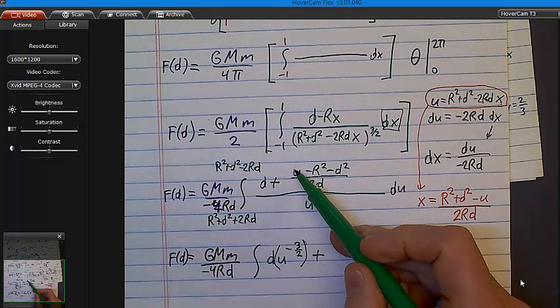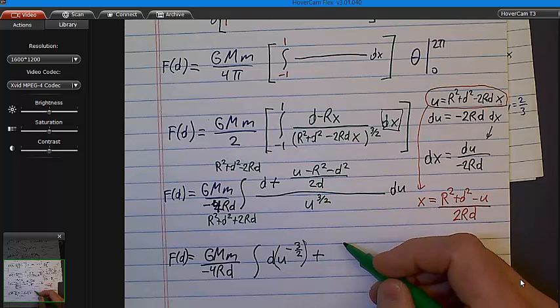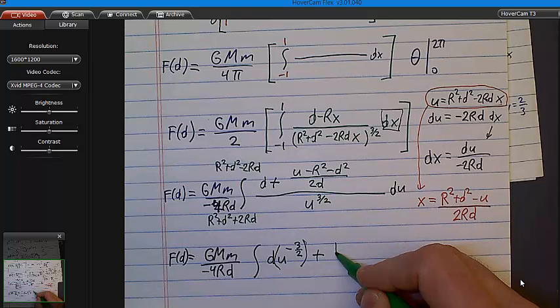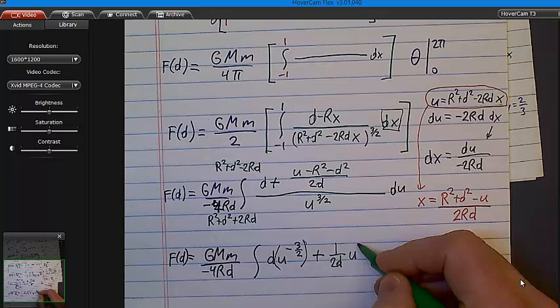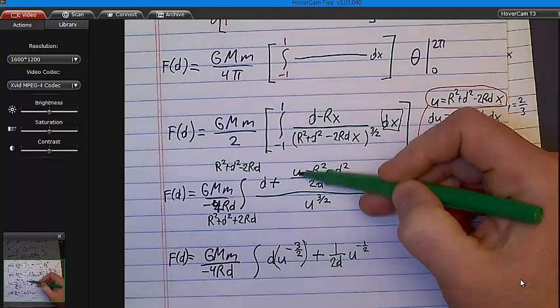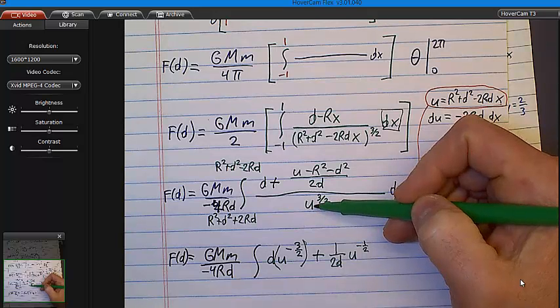I'm going to split this fraction up. So I have 1 over 2D times U to the negative 1/2, because there's U to the first and U to the 3 halves.